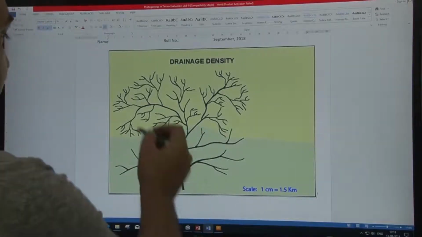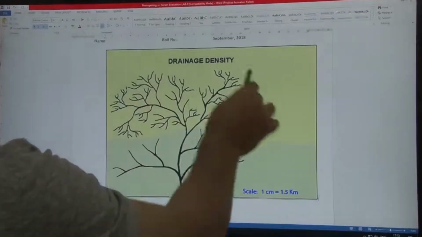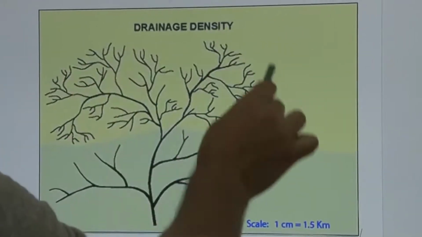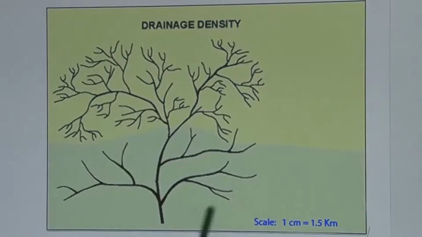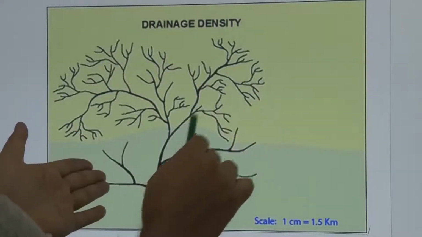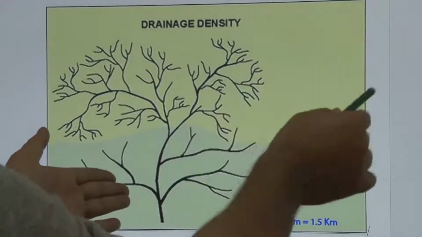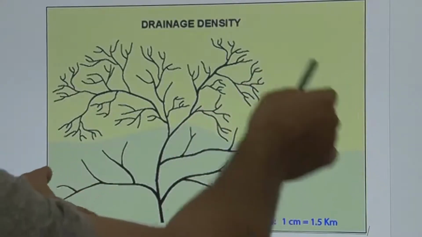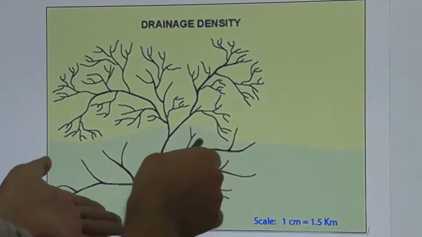Suppose there is a drainage basin, so it must have some topographic divide, so that the water from this basin cannot go to the other basin, or the water from the other basin will not move into this basin.